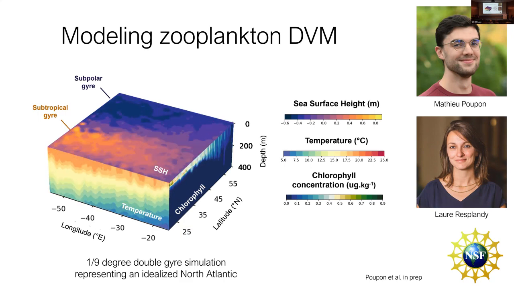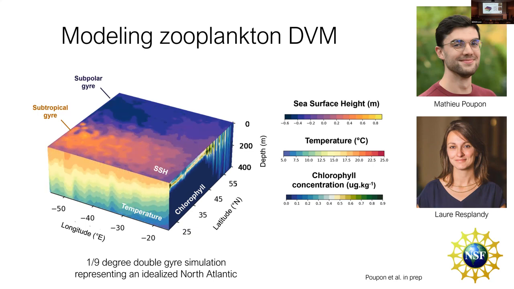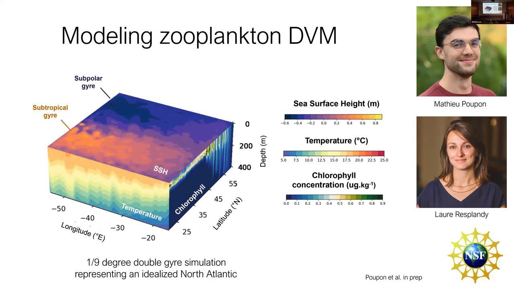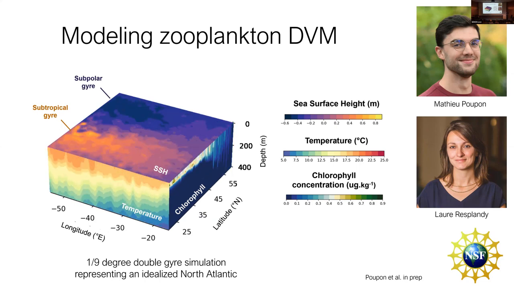We picked the North Atlantic because it is an area where we expect a lot of significant changes due to climate change, and also happens to be an area where there is a lot of validation data. So this simulation is in 1/9 degree, but future work will extend this to higher resolutions, like 1/27 degree, like 1 or 2 kilometers or so.